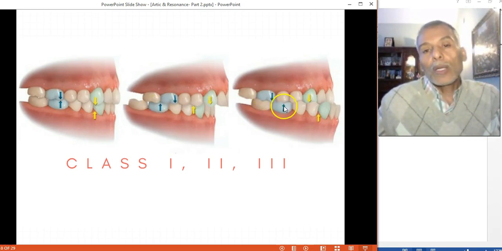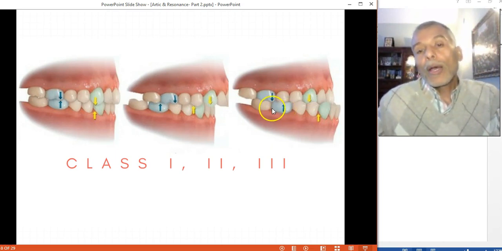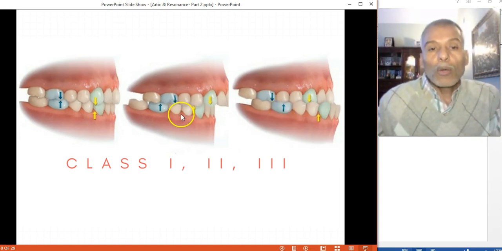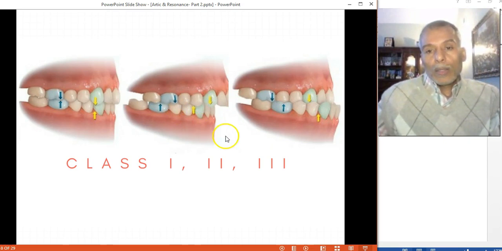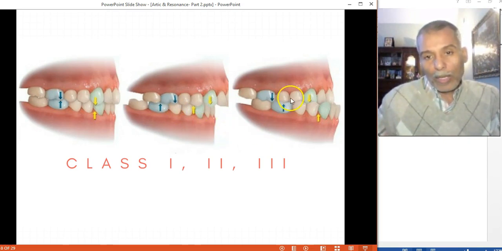And then the other one, also the first mandibular molar, is one full tooth advanced. So this is basically the opposite of the second case. The third class is also called underbite.